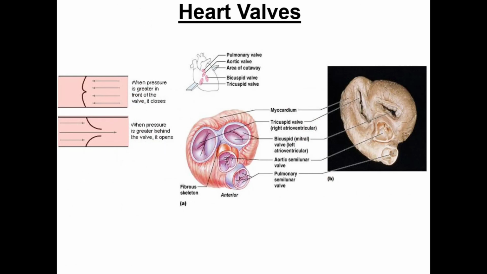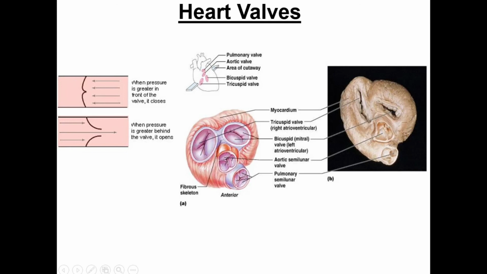The heart valves ensure the unidirectional blood flow through the heart so that the blood should not come back. Atrioventricular valves lie between the atria and the ventricles. This is the atrioventricular valve.